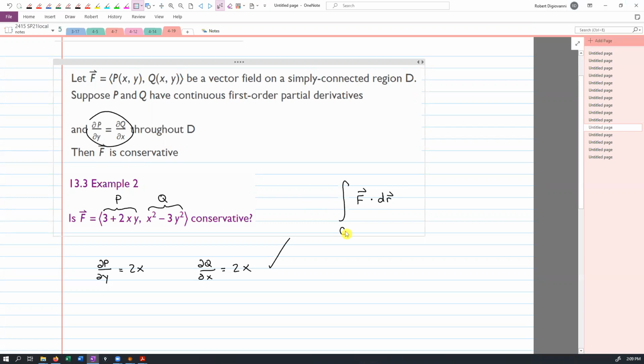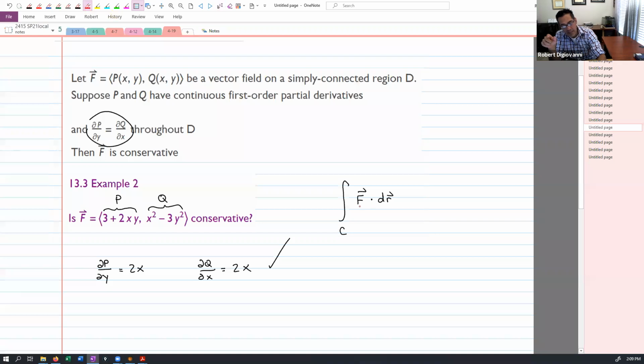If it's a closed curve. Now, if it's not a closed curve, then I can use the fundamental theorem of line integrals because it's conservative. The problem with that is that I would need to know what little f was. Does that make sense? Because to use the fundamental theorem of line integrals, you have to know what little f is.